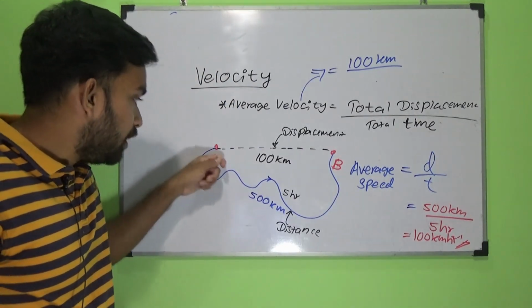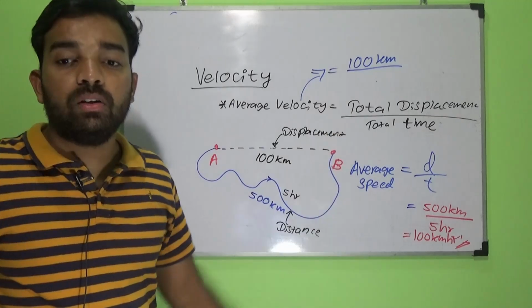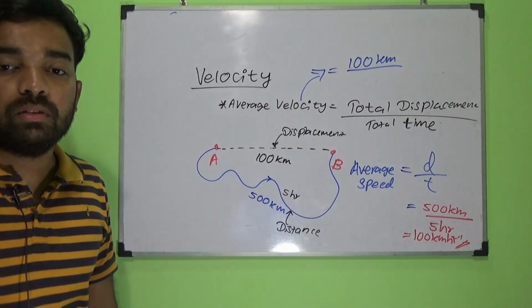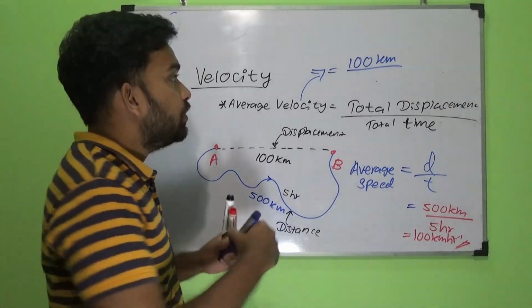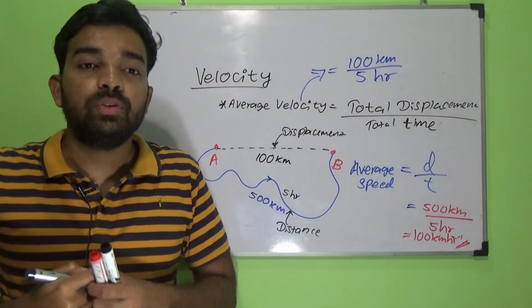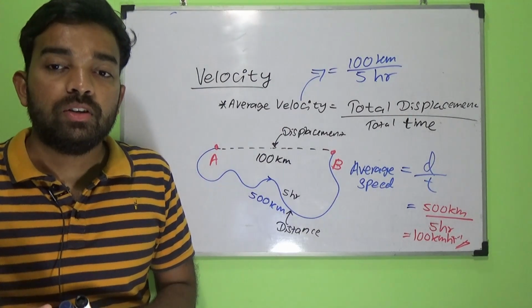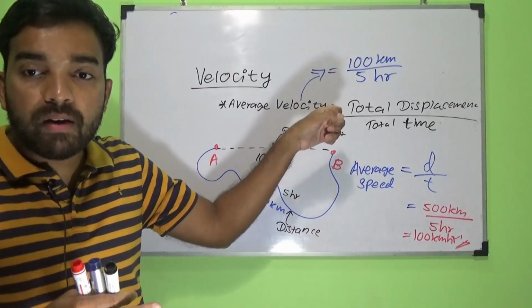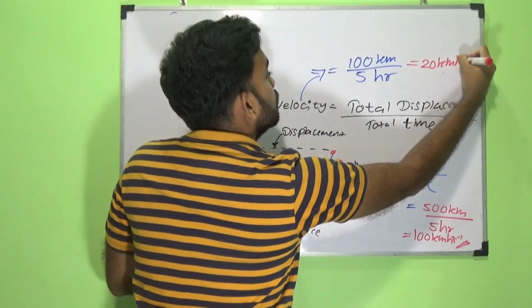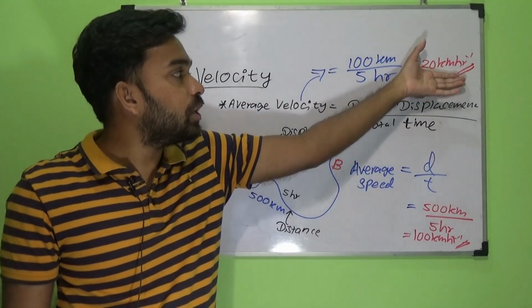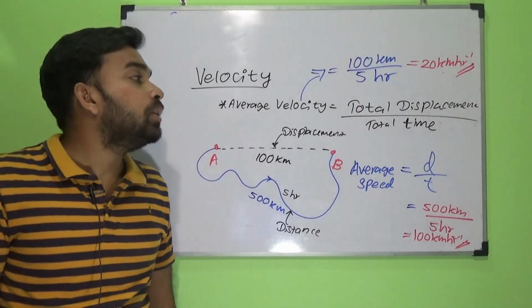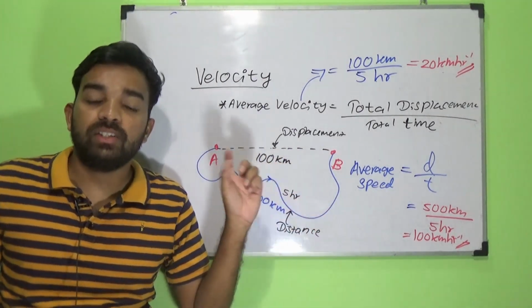But he or she has had to go on this road, which means it takes 5 hours. So we divide 100 kilometers by 5 hours, which equals 20 kilometers per hour. So average velocity is 20 kilometers per hour, but average speed is 100 kilometers per hour. That's the difference between the average velocity and the average speed.